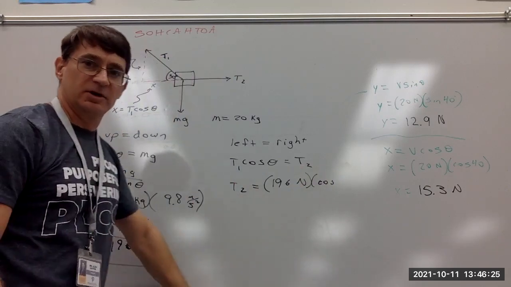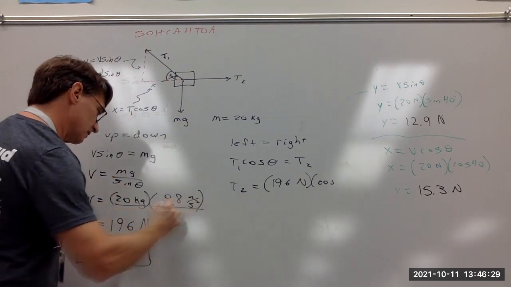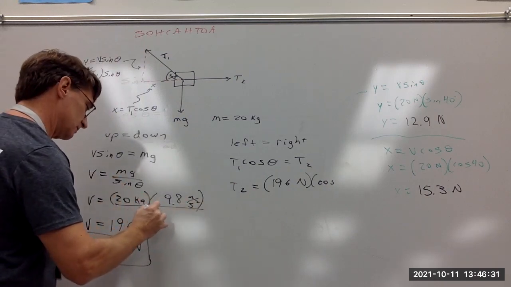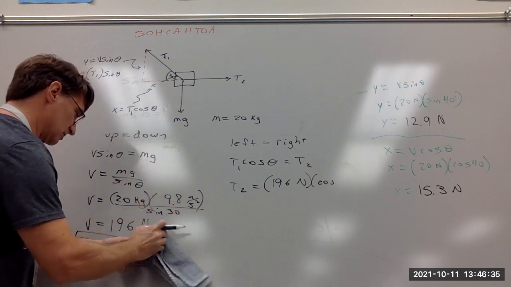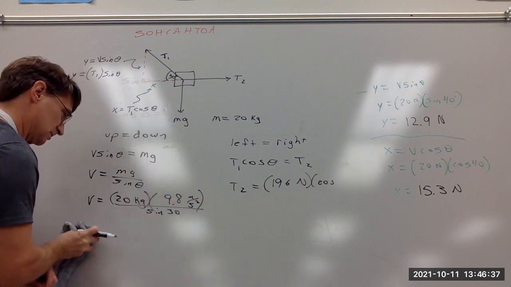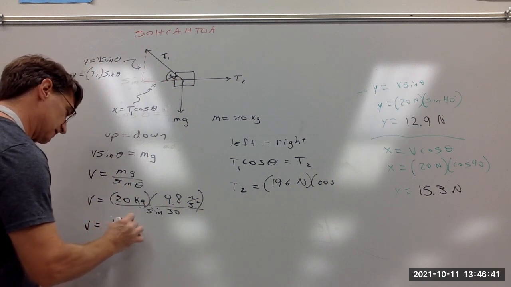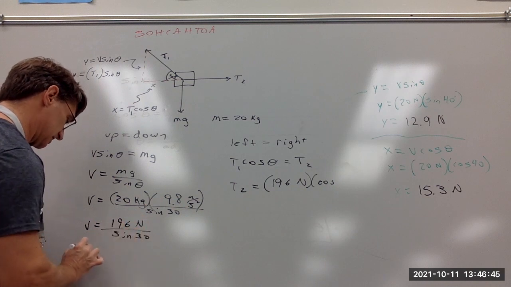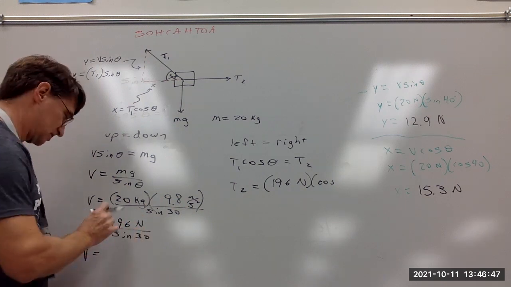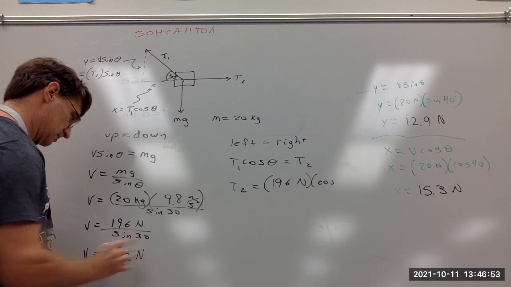oh my gosh, I'm an idiot. I forgot my trig. I forgot to divide by sine of 30. Sorry about that. So my answer wasn't 196. My answer is 196 newtons divided by the sine of 30. Sine of 30, as it turns out, is 0.5. So 196 over 0.5 is 392, if I mathed that right.